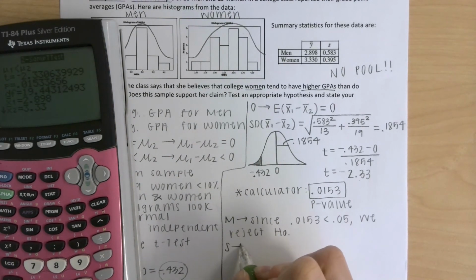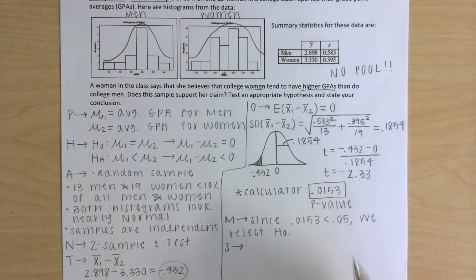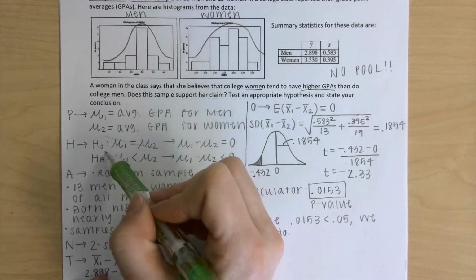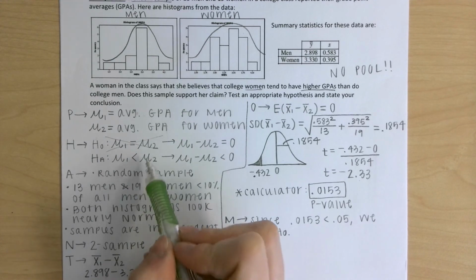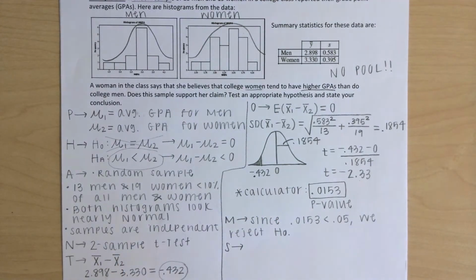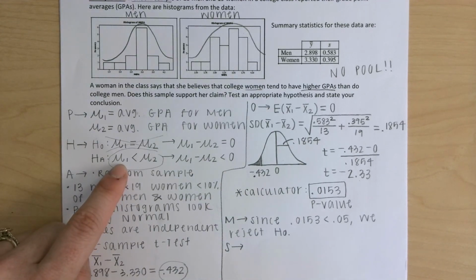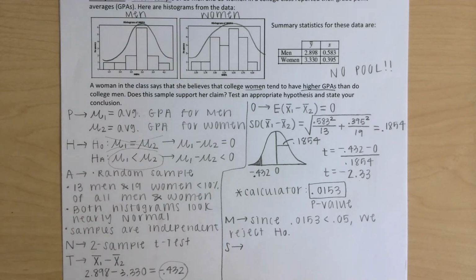So making a statement here, if I'm rejecting the null hypothesis, I do not think this null hypothesis is true, which means I do believe that the alternative is true. Okay, so that means that we have evidence that the average GPA for men is less than the average GPA for women.